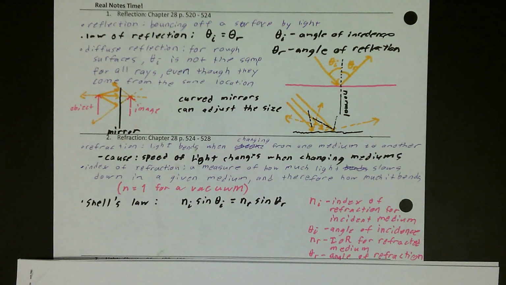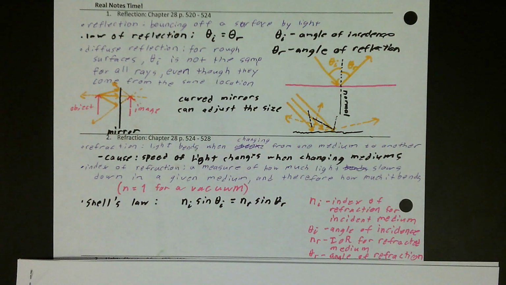Ni is the index of refraction for the incident medium. Theta I is the angle of incidence, just like it was up there in reflection. Nr is the index of refraction for the refracted medium, and theta R is the angle of refraction. I know it's the angle of reflection up there. All you have to do is be careful.